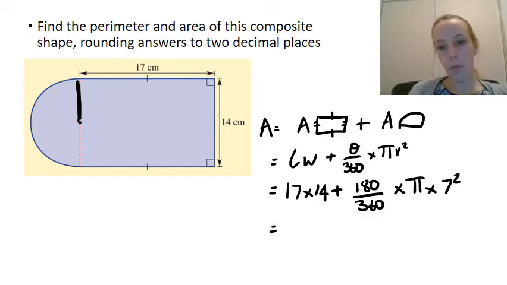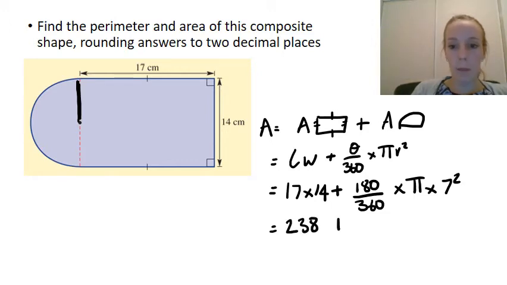Putting that into our calculators, with our order of operations, 17 times 14, so the area of our rectangle there is 238 plus 180 over 360 times pi times 49.